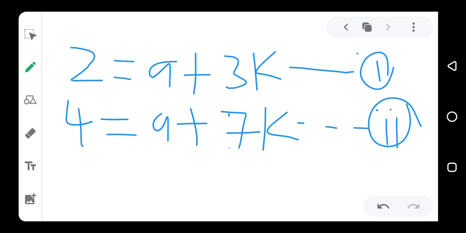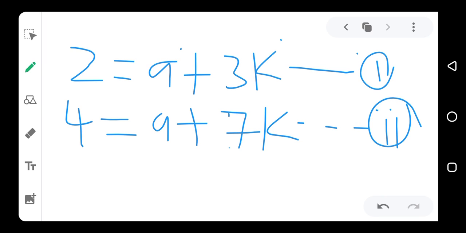Like here, we don't know the value of a and we don't know the value of k. Anytime you see an equation with two unknowns, for you to get the two unknowns, there must be a second equation. So solving two equations together is what we call simultaneous equation.